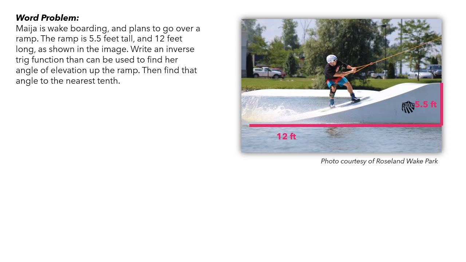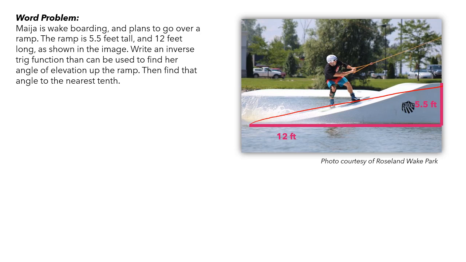Why don't we start by identifying what we're looking at? Where exactly is our angle of elevation that we're interested in? So I might just complete my triangle. I'm going to finish this triangle off here, showing roughly the track that our wakeboarder would go up. And our angle of elevation is always formed with the horizontal, and then we could say the line of sight.